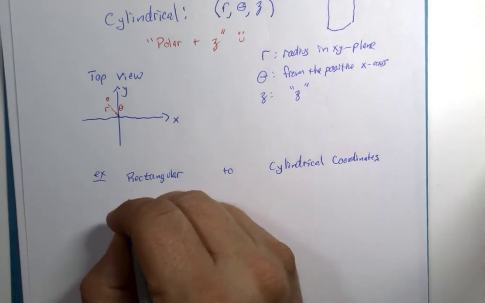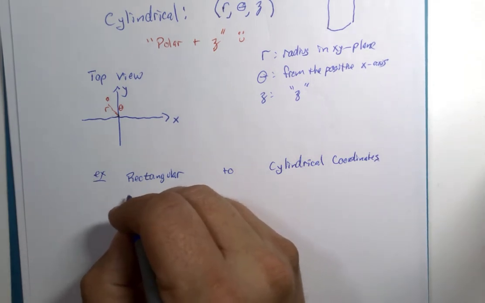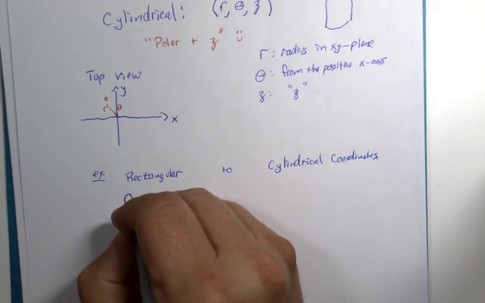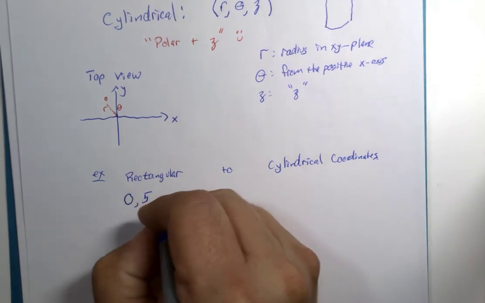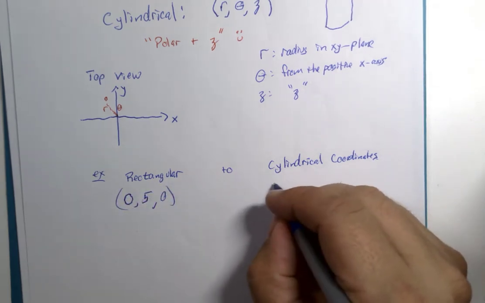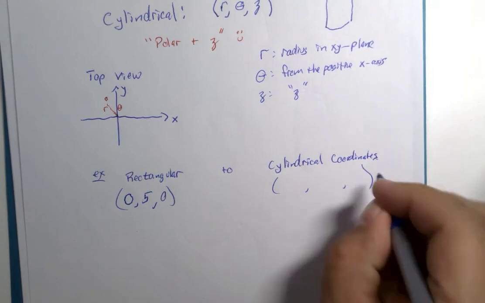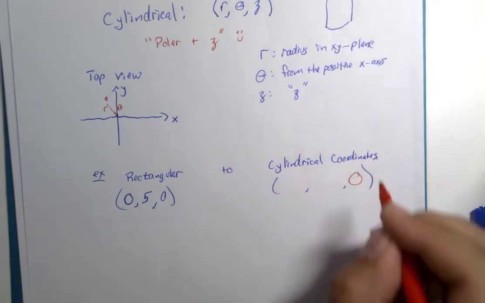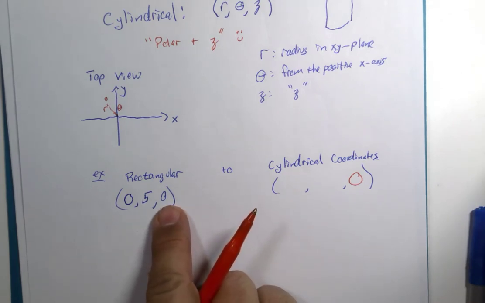So if I had the point 0, 5, 0 in rectangular coordinates, the z coordinate should automatically be the z coordinate. There is no thinking about this process.